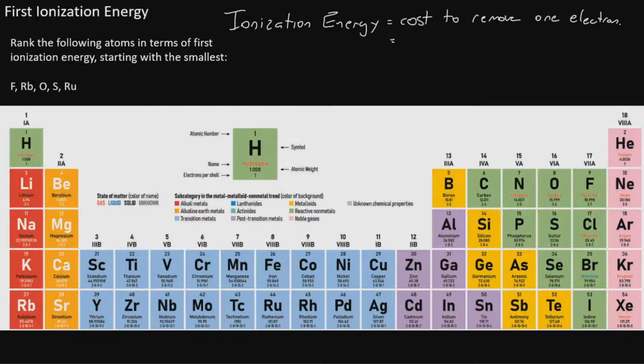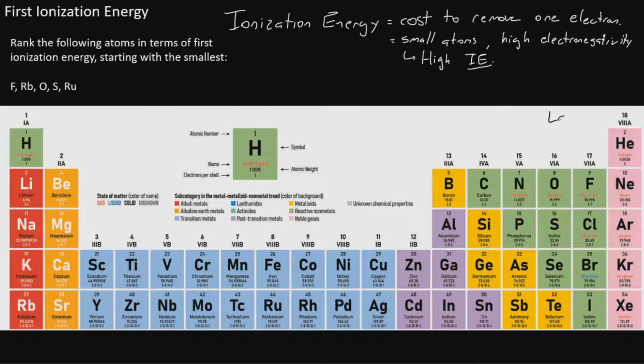Now, in general, smaller atoms with high electronegativities tend to have high ionization energy. So the atoms with high electronegativity that tend to be small are the ones in the upper right-hand corner.